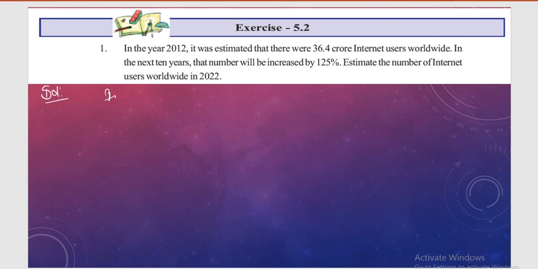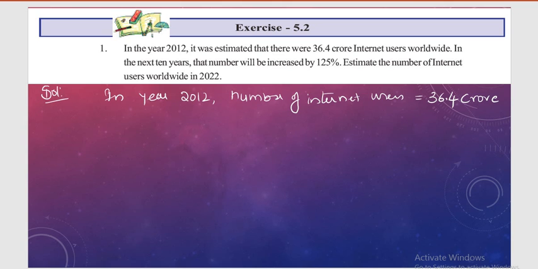Now what he has given: in the year 2012, the number of internet users is equal to 36.4 crore people.